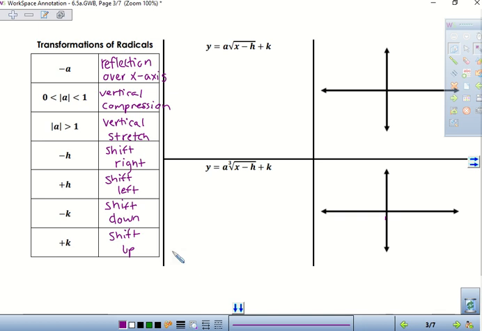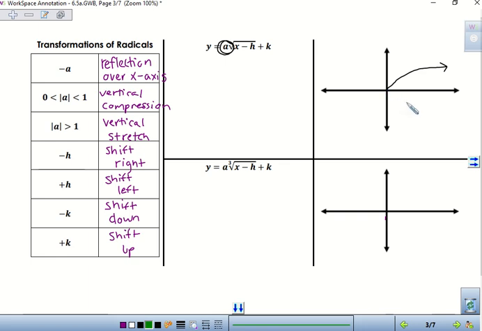So let's talk a little bit about how these things affect the graph, okay? So let's talk about A. First thing I'm going to do, I'm going to just sketch the square root parent function. Okay, that's what the parent function looks like. So this right here is just the basic one.